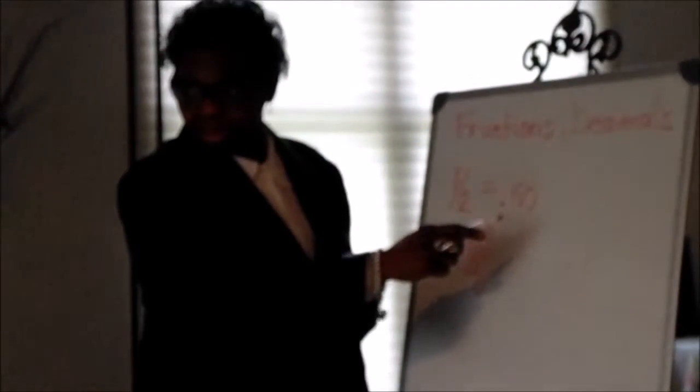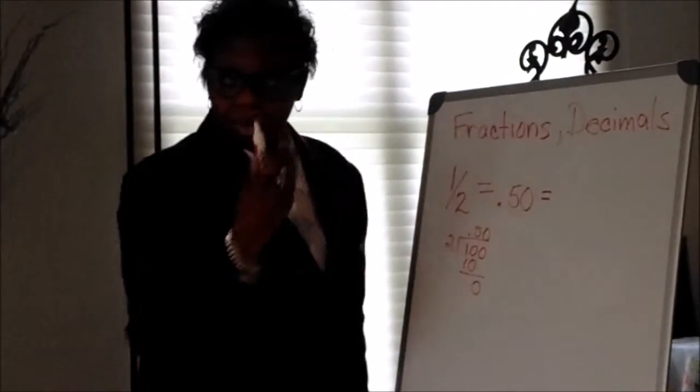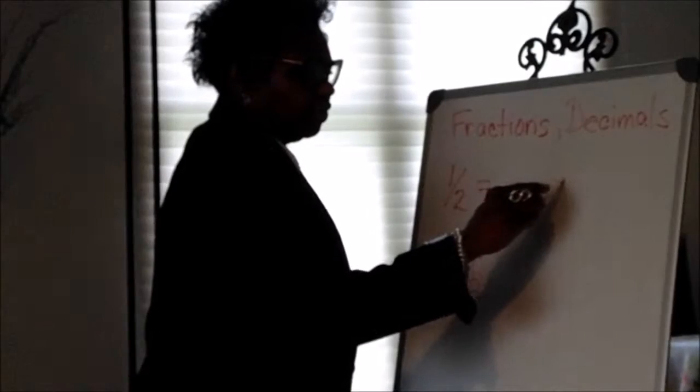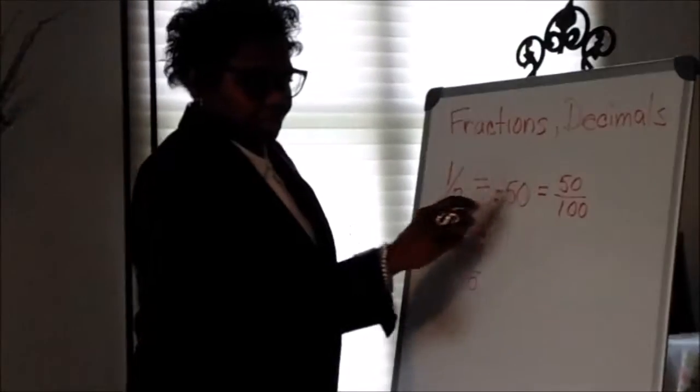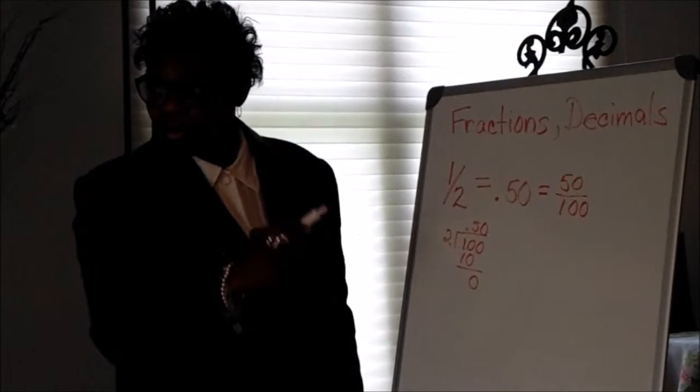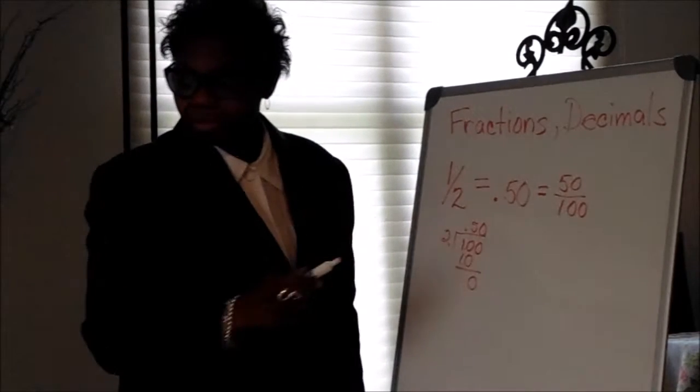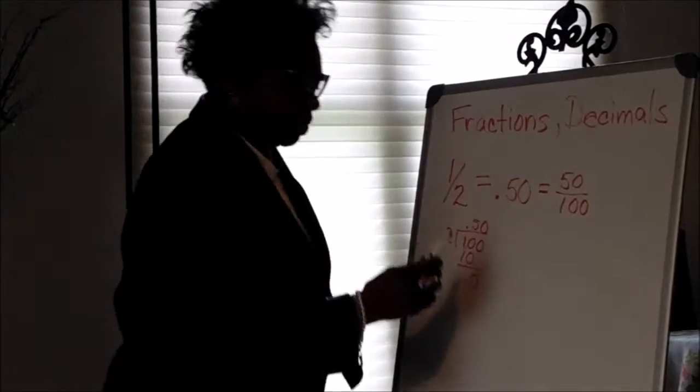Which is also, because what did we say? 50 hundredths? Then how do I write what I just said? 50 over 100. I can put this equal sign there because they all are the same. Do you agree? Great, thank you.